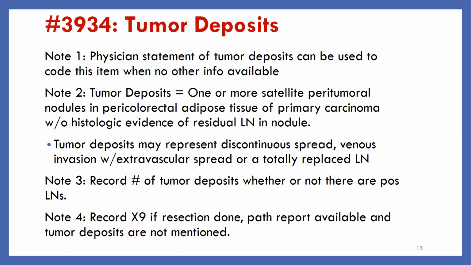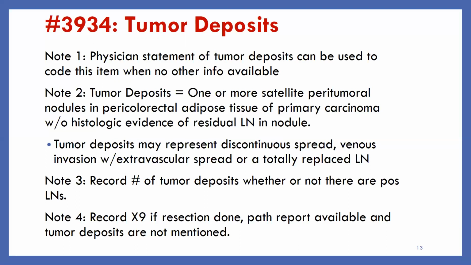It's also without identifiable lymph node tissue or vascular structure. So this doesn't necessarily look like a lymph node, but it's just a tumor deposit. And it could be discontinuous spread, it could be venous invasion, or it really could be a totally replaced lymph node that cancer has completely taken over.